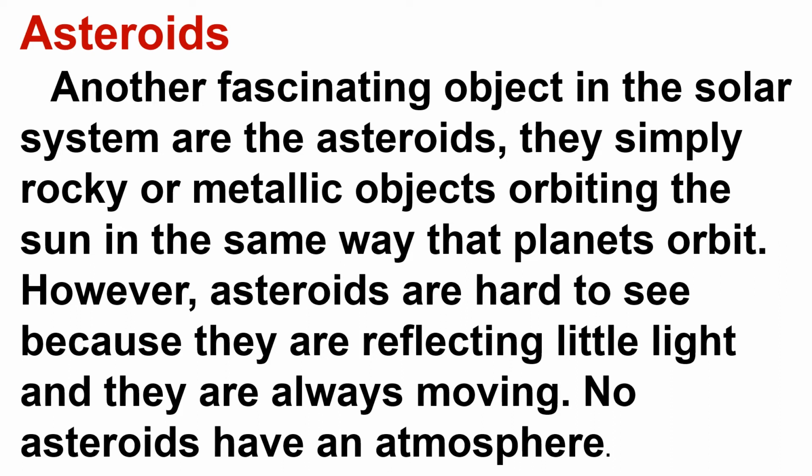However, asteroids are hard to see because they reflect little light and are always moving. No asteroids have an atmosphere. The majority of known asteroids are found between the orbits of Mars and Jupiter.